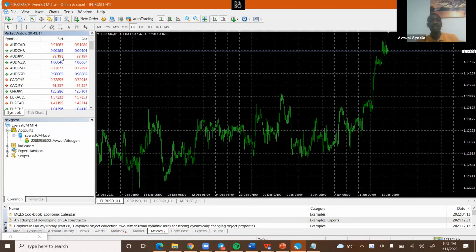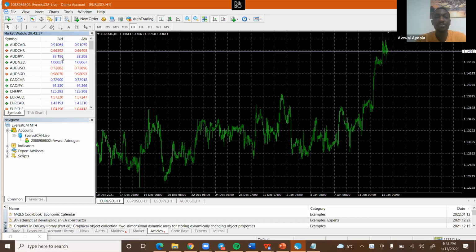So pips are actually the movement of those prices. Let's say you are looking at CAD JPY, and price moves from 91.347 to maybe 91.4. Price has moved a particular amount of pips.